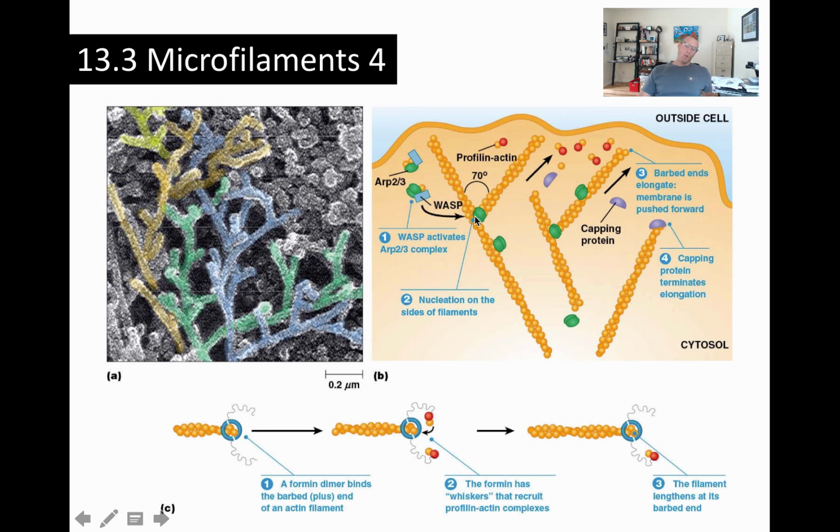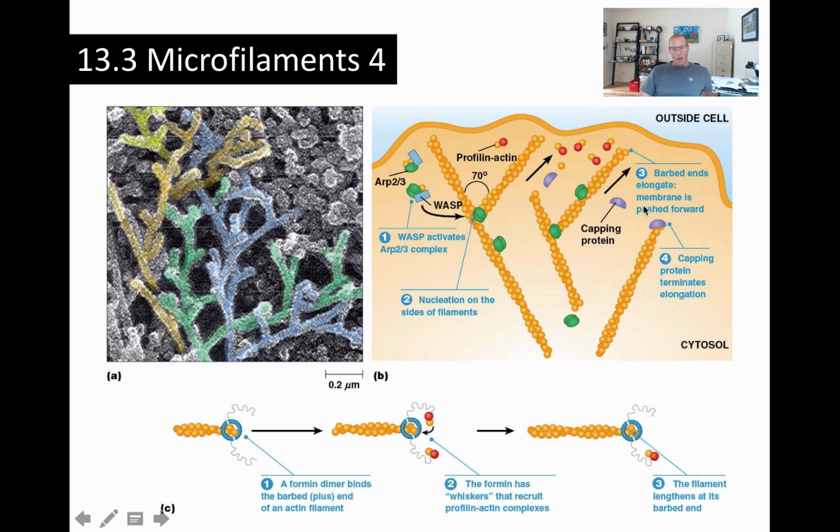The polymerization is towards the cell membrane with the addition of actin in the ATP bound form, facilitated by the protein profilin, which we talked about a little bit before. As the plus end, or the barbed end, of the microfilament pushes towards the cell membrane, it can actually push the cell membrane out, and this can stimulate and drive cell movement. Then we have other microfilaments which will be capped to stop any further elongation if we want to stop movement.